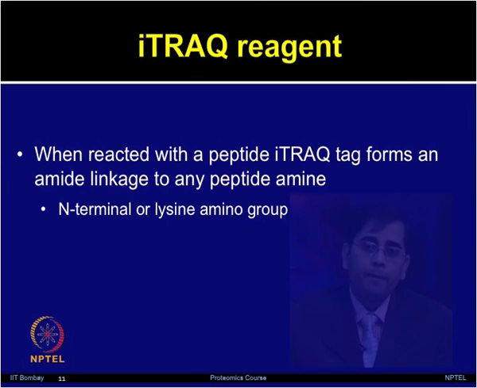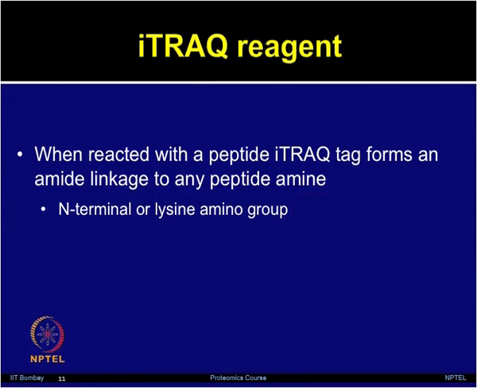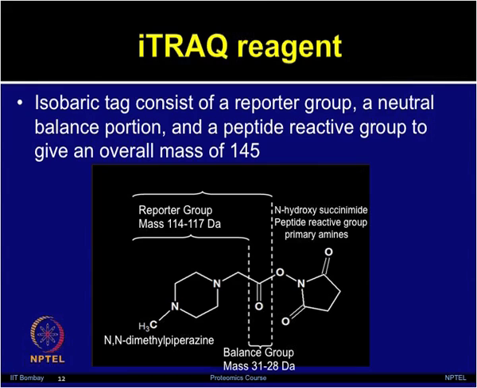So, when reacted with a peptide, the iTRAQ tag forms an amide linkage to any peptide amine, N-terminal or lysine amino group. Now, this is the structure of the iTRAQ reagent, where you can see that it consists of a reporter group, a neutral balance portion and a peptide reactive group, and overall mass will remain 145.